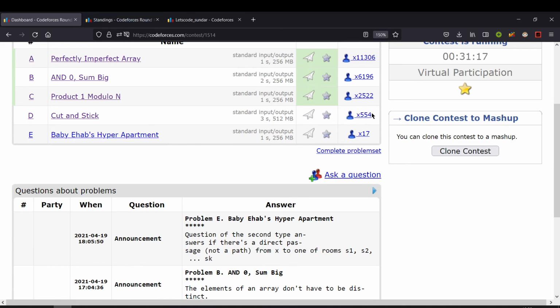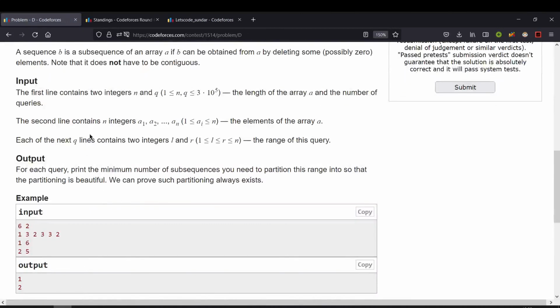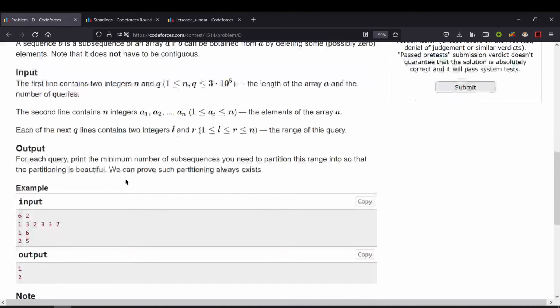Okay, the submission count is very less. I think this is a pretty good hard problem. Let's see.